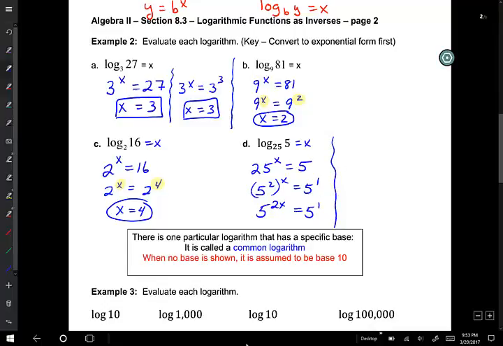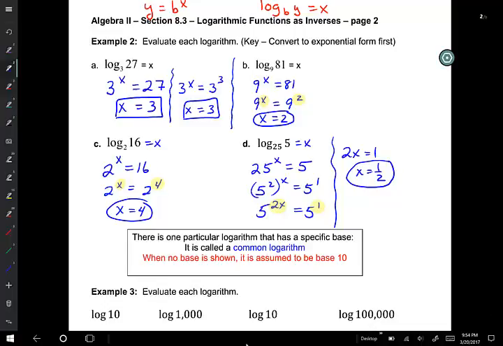That means that 2x equals 1 and x equals 1/2. And isn't the square root of 25 equal to 5? And an exponent of 1/2 is a square root. So that's just a couple ways to solve an exponential equation.